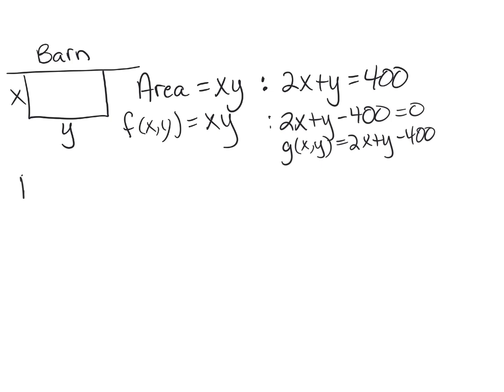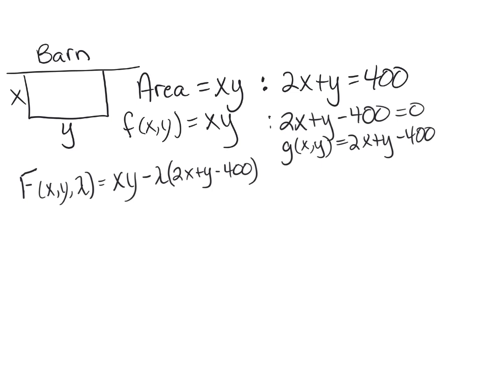Now I want to form a new function, capital F of x y, and I'm going to introduce a new variable called lambda. That is our Lagrange multiplier. So capital F of x y is the original function minus lambda times our new g of x y, and you'll see how this works out in a second. So this is the process.